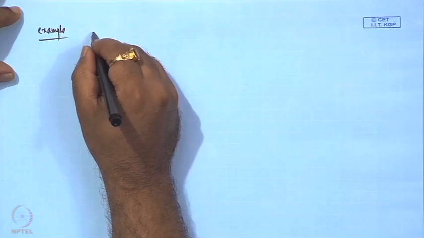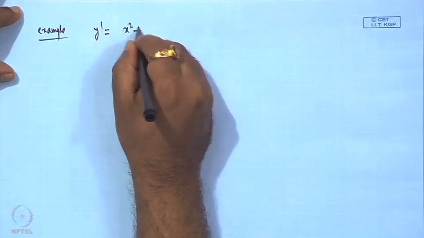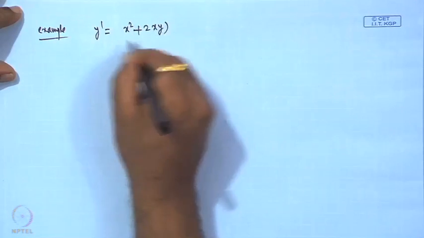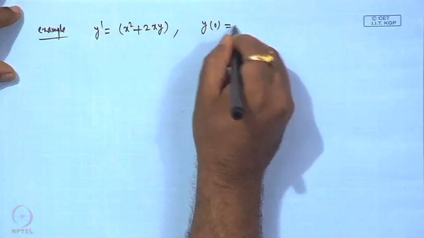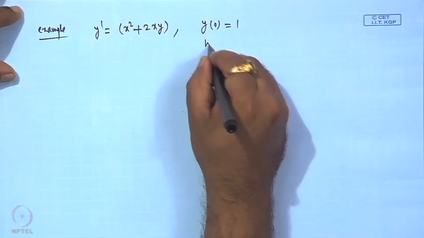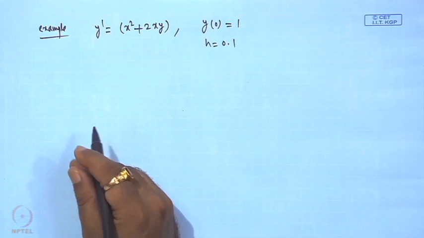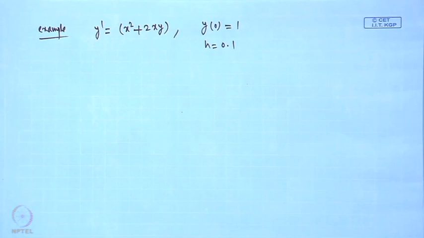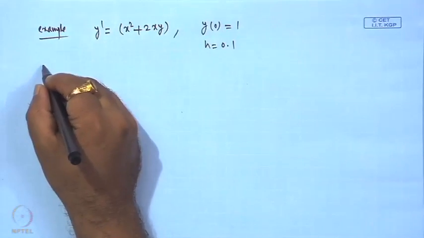So, this is y dash is x square plus 2 x y and y of 0 is 1 and say h is 0.1. Then whatever method we have determined, let us say the alpha 1 case.